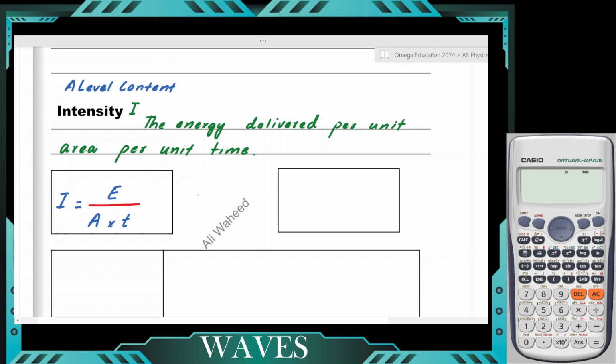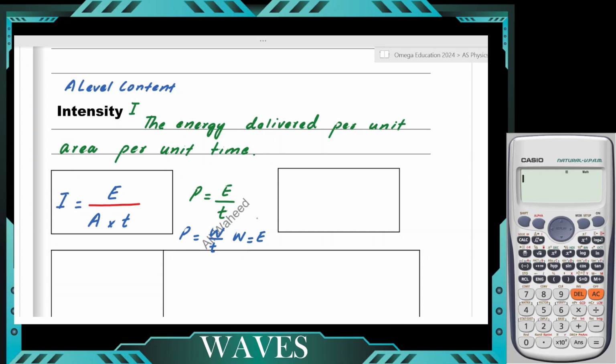Then we also know another thing, that power equals energy over time, because we study power as the rate of doing work, work done over time. But we know work and energy have the same dimensions and the same units. The energy can be converted into work, and work done on an object can be stored in the form of energy.